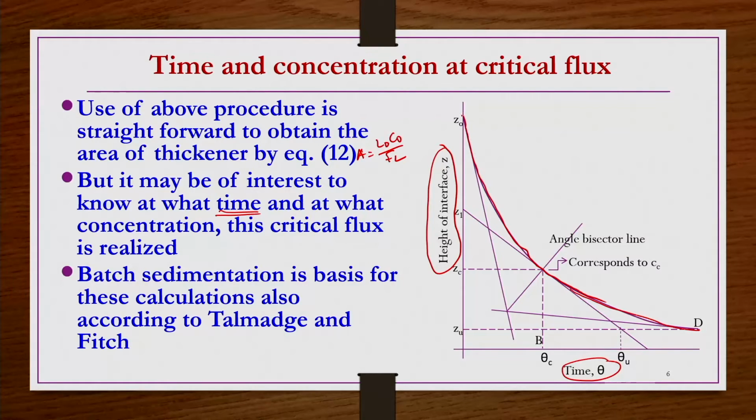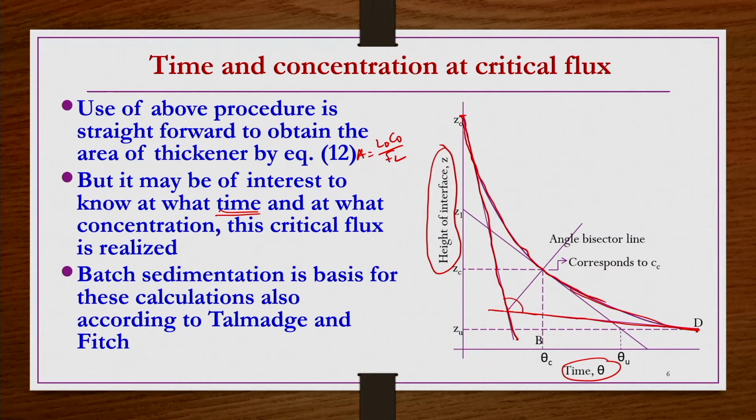Now this is the initial height Z naught, and let us say the last point is Z whatever is there at this point. At these 2 points, the initial Z naught and the final data point that you have, you draw tangents like this. When you extend them, they may intersect each other at a certain point, and they make some angle.